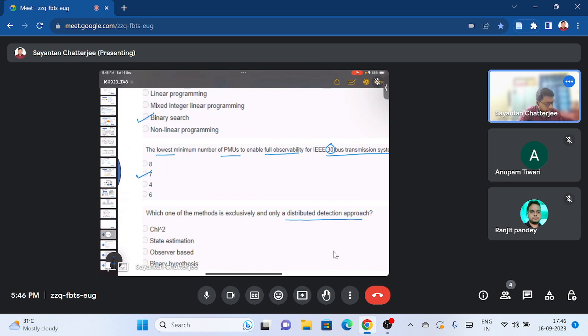This question is mainly for anomaly detection. Chi-square test, state estimation based test, observer based test, binary hypothesis based test.